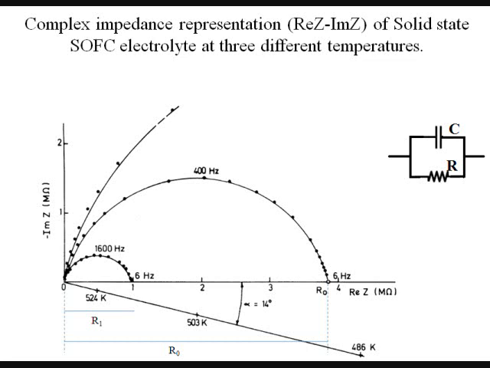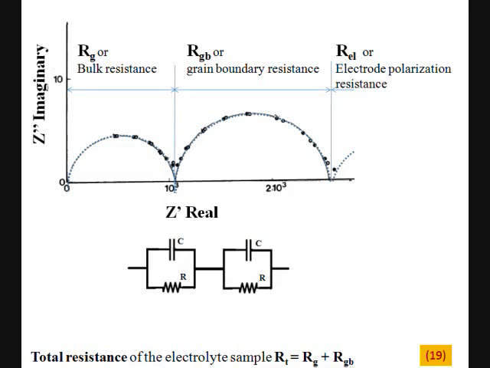This represents the simplest of the real cases where there is a single semicircle and it is depressed, that is, its center is below the axis. In real systems such as ceramic electrolytes and not single crystals, 2 or more semicircles are obtained, characteristic of bulk and grain boundary, and the values can be determined from intercepts of these semicircular arcs with the real axis Z prime.